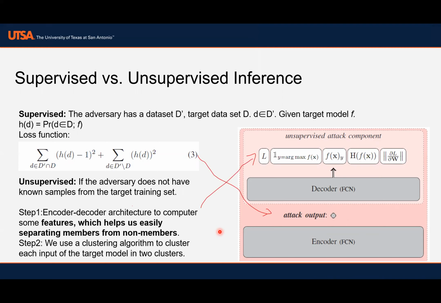That means we cannot justify whether the data is in the training data set just by the raw data. We need more information, like the subgradient.